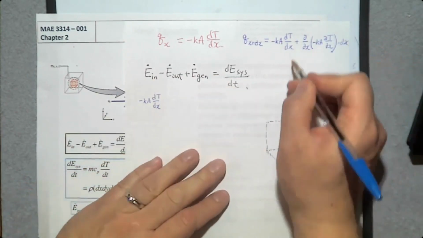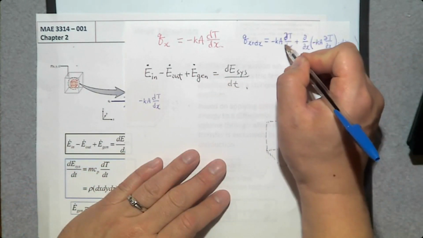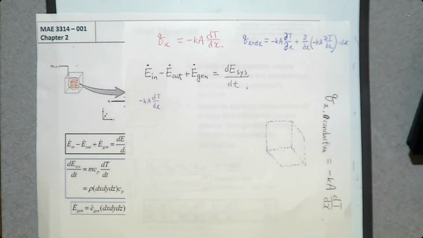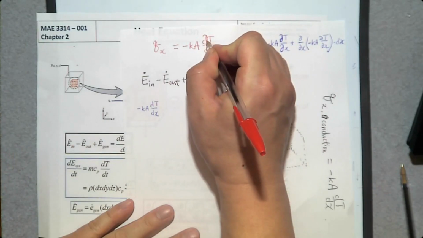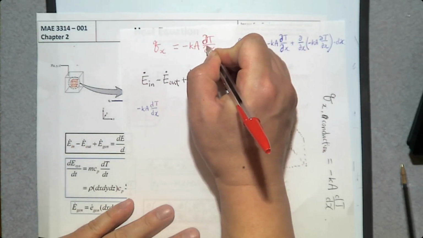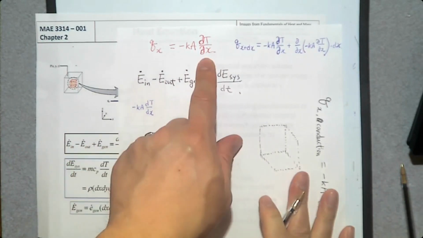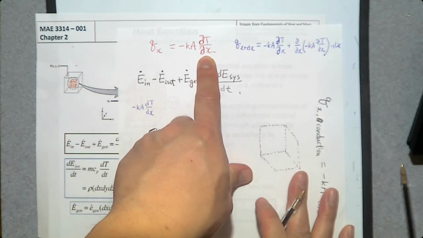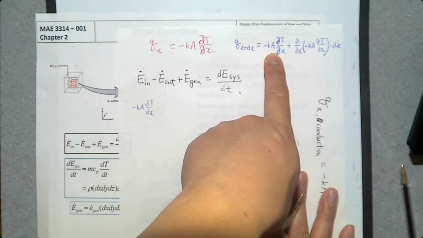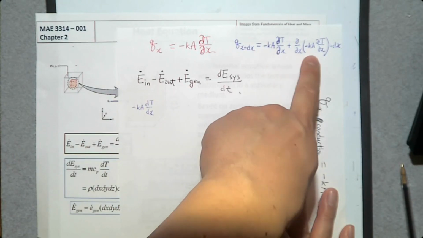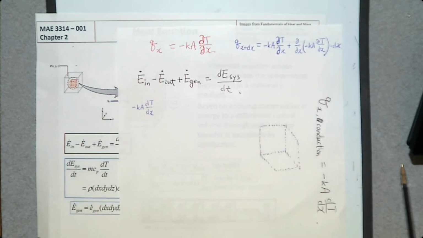That's the second term. Let's say this is partial, because it's three directions, x, y, and z. So this one too is a partial differential equation, because it's not just the x direction. Now we have x, y, z. So that is the incoming heat conduction. This one is the approximated outgoing heat conduction, only considering the first two terms of the Taylor series.